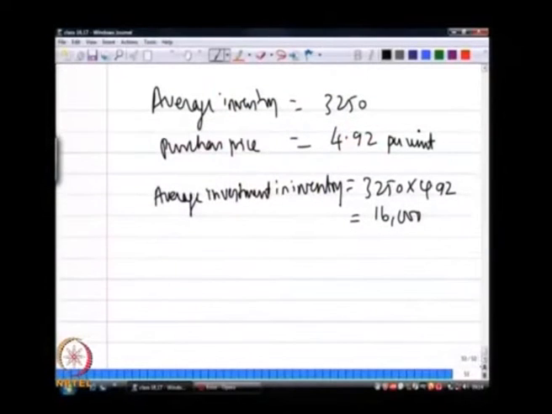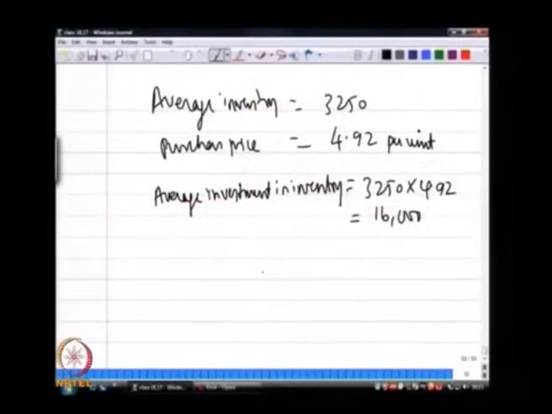If the question is what is the average working capital requirement, it is average inventory times the purchase price, and then the cost of financing that working capital is also calculated. That is again a different subject matter by itself, but this is just to give you a data point that with average inventory I can also calculate my average working capital, or in this case the average investment required in inventory, which is 16,000.